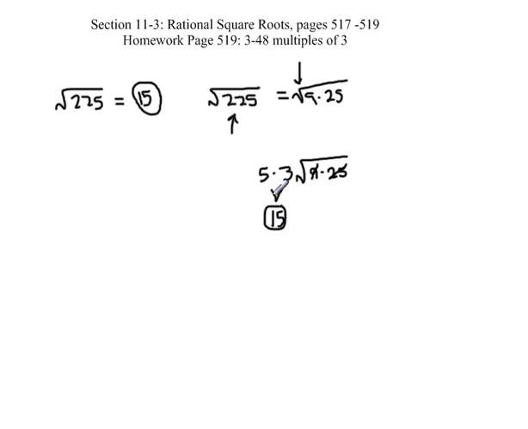So you're going to be working with that, but sometimes you'll have something left underneath the radical symbol. In this particular section, you don't. If you look at example 3, and this is on page 518, on A you've got the square root of 36 over 121, and it looks like a fraction.